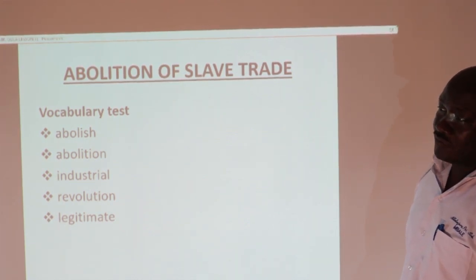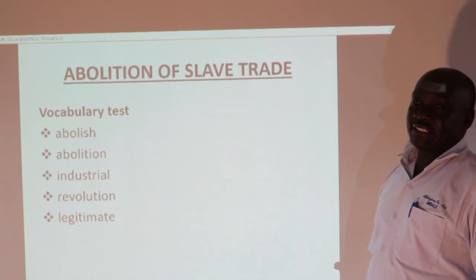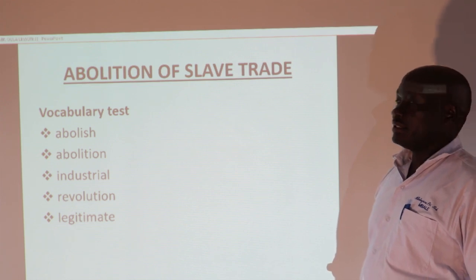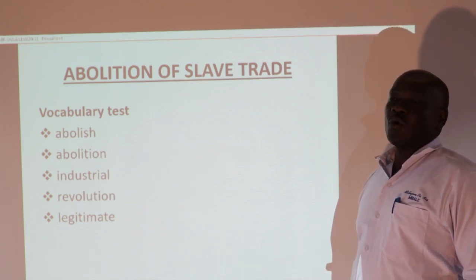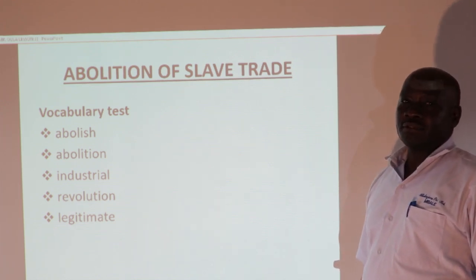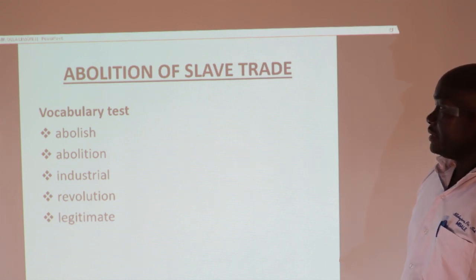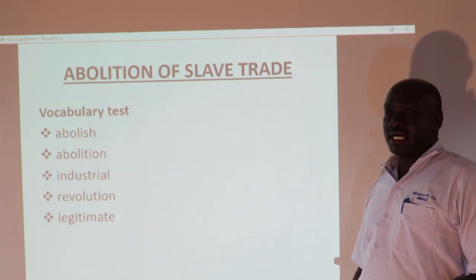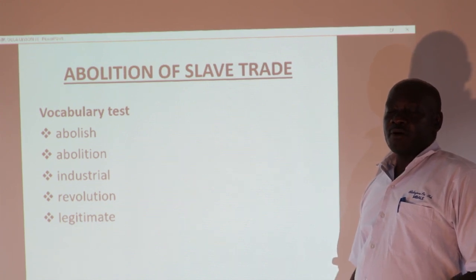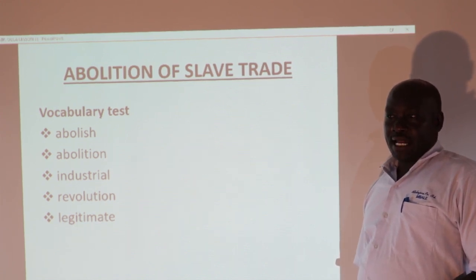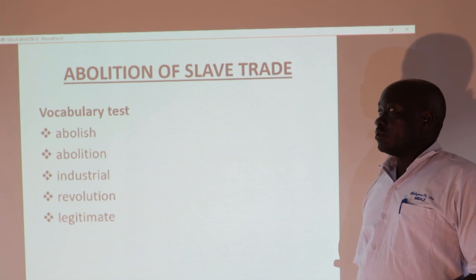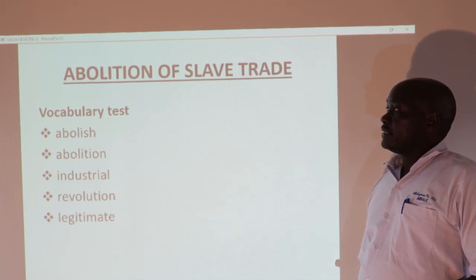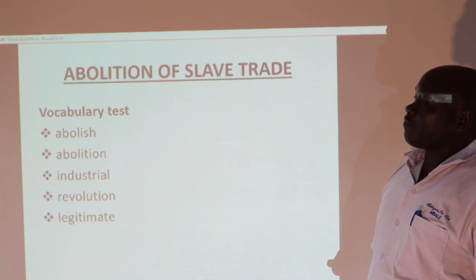We are going to move to the next step, whereby we are going to see the meaning of those words. Let us see those words, what they mean by abolish, abolition, industrial, and revolution.